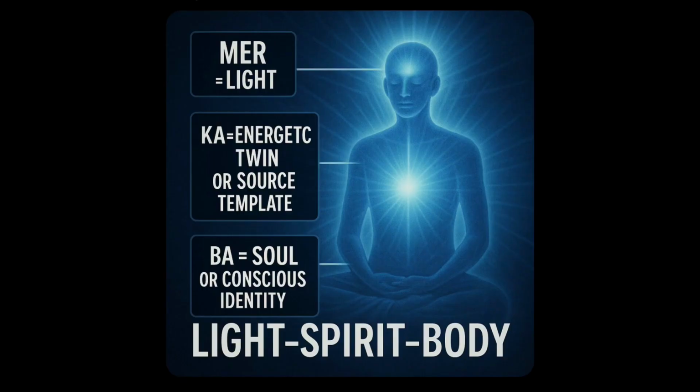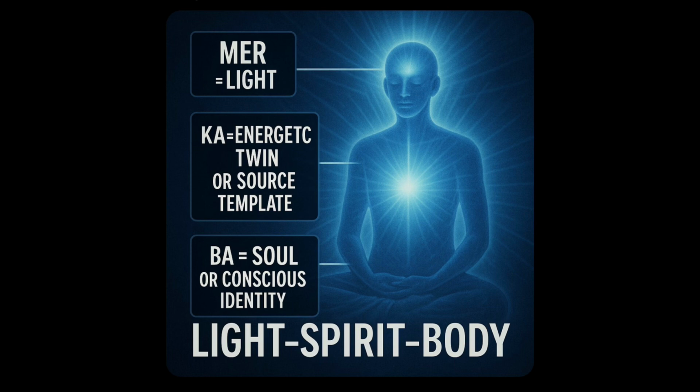So I asked them, so how can your Mer, which is your light, and your Ba, which is your soul or conscious identity, not form part of the consciousness ID or your consciousness twin? They said all parts of the Merkaba combined together equal your consciousness, but your Ka is your highest healed version of you in the eyes of God.